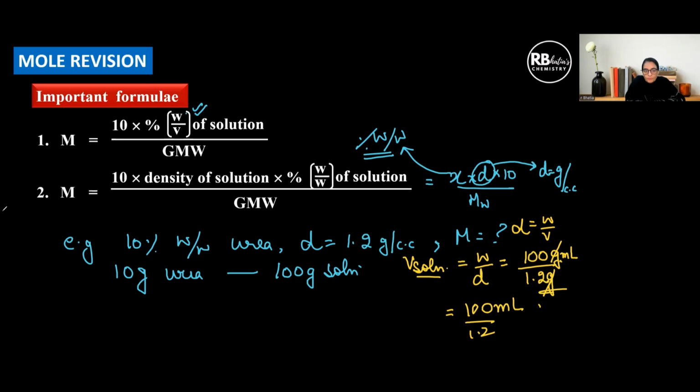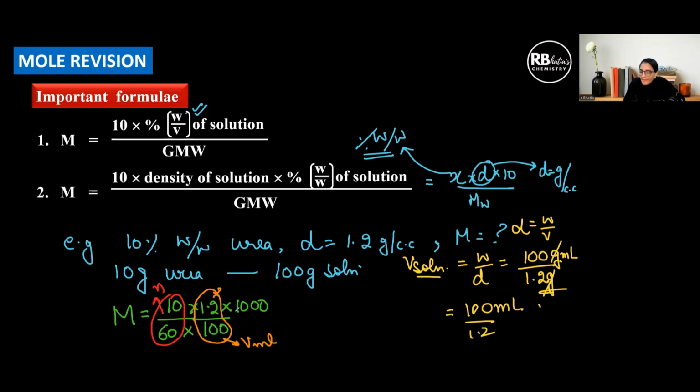And now when we have to calculate molarity, it is weight of solute upon molecular weight. This makes moles. I want V ml. So 100 upon 1.2 means I take 1.2 in the numerator, and since the volume was in ml, I multiply it with 1000. I repeat, children, this is moles. Then this much part is V ml, and to convert V ml to liter, I multiply it with 1000.